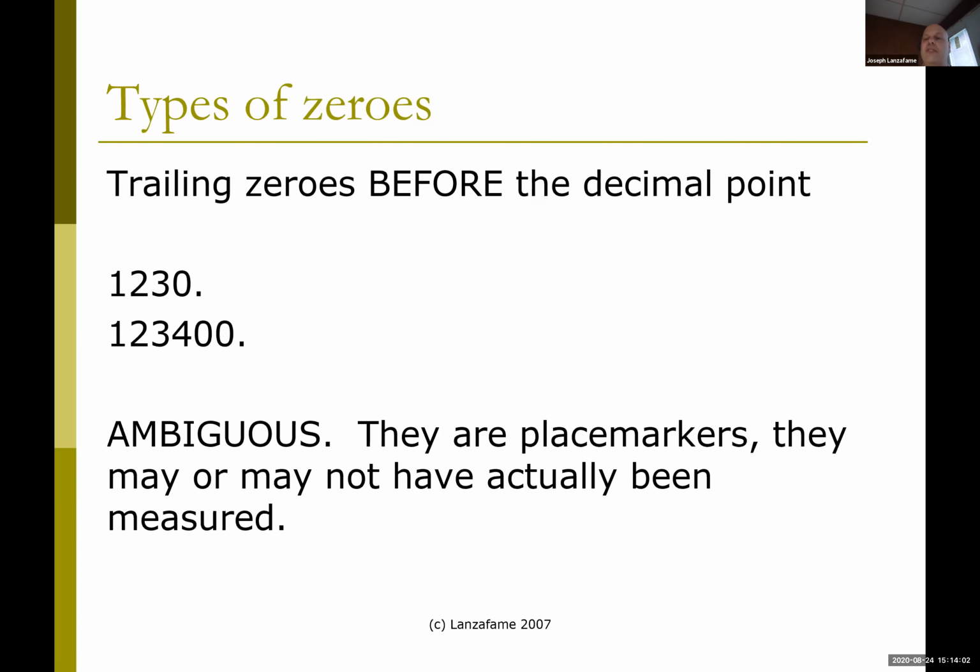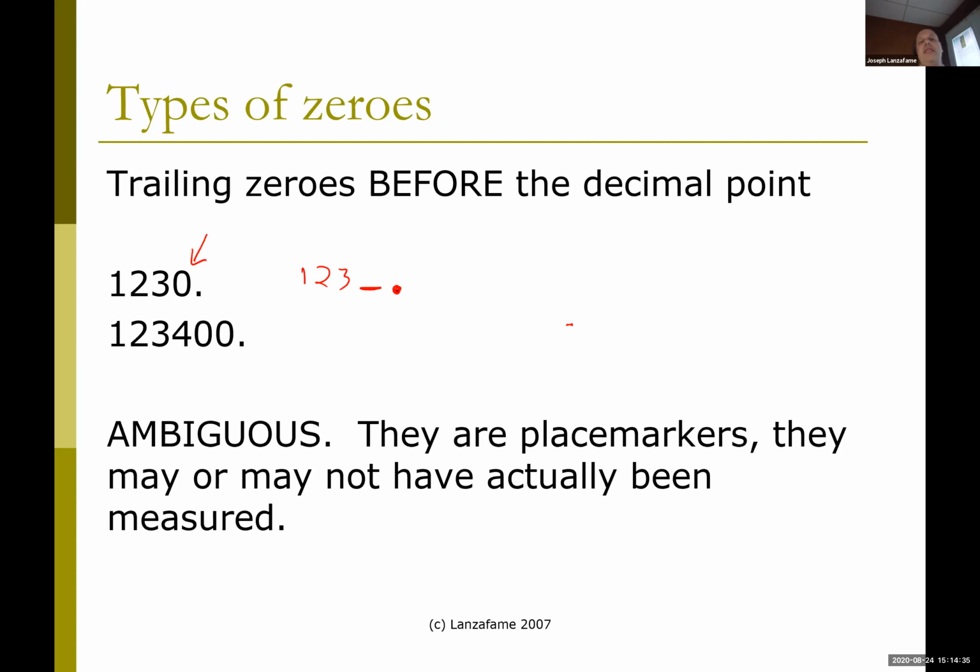Zeros in the middle are significant because there's no reason that you wouldn't know that 0. The one set of zeros that are problematic are trailing zeros if they fall before the decimal point at the end of a number, like 1230 and 123400, because this 0 serves one purpose and one purpose only. It tells me the number is not 123. If I take that 0 away, I don't know that there's actually another digit before the decimal point.